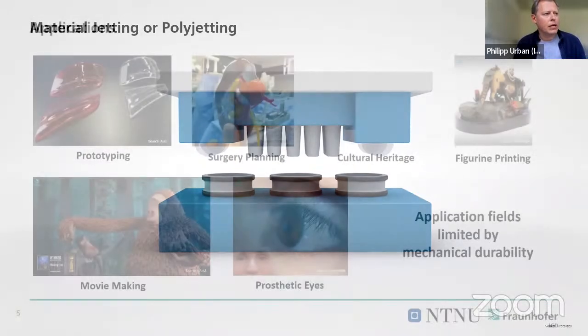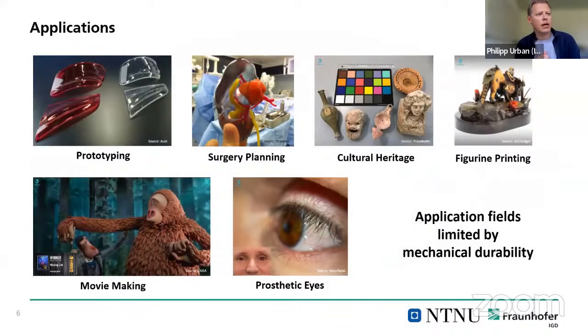And where can you find applications? The traditional application is prototyping, but recently the technology is also found quite useful for surgery planning, where the data comes from CT or MRI sources, and the color is annotated, for example, to show tumors. Then, of course, cultural heritage is a big field where the technology is used to reproduce sculptures and artwork.